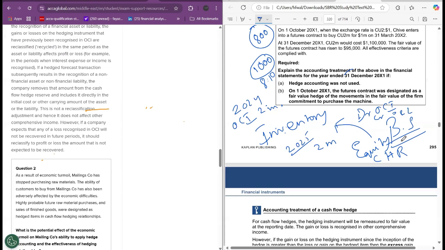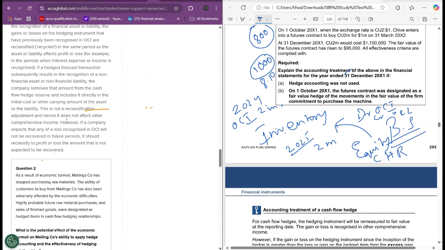But in our case, we are directly dealing with balance sheet items, the cash flow hedge reserve and the inventory item, the asset item in our example. So this has nothing to do with the reclassification adjustment happening between OCI and P&L. Then afterwards, however, if a company expects that any of a loss recognized in OCI will not be recovered in future periods, it should reclassify to P&L the amount that is not expected to be recovered.